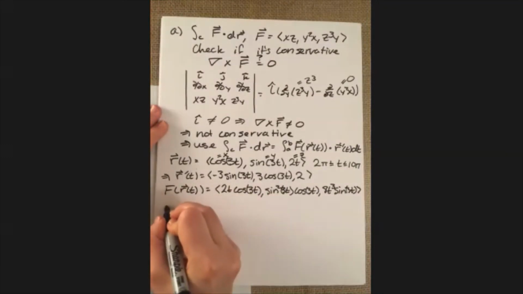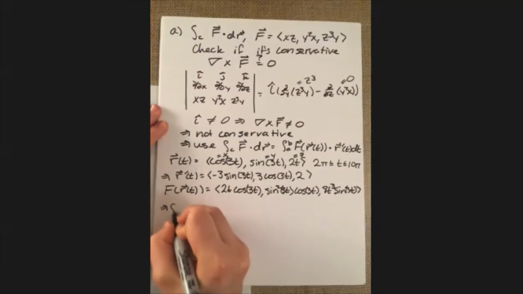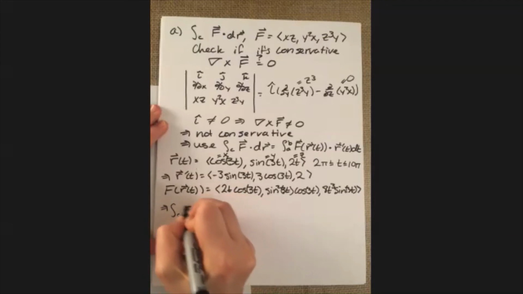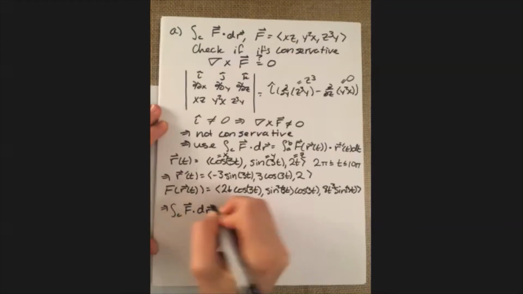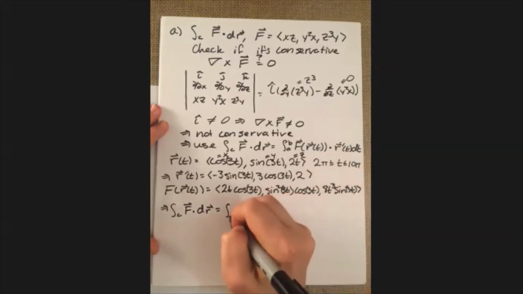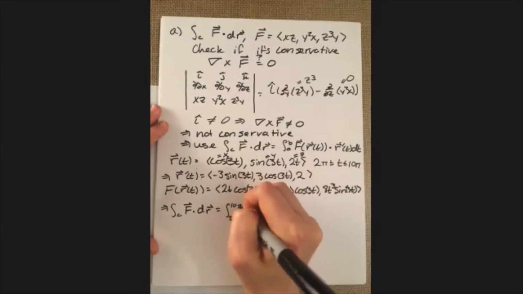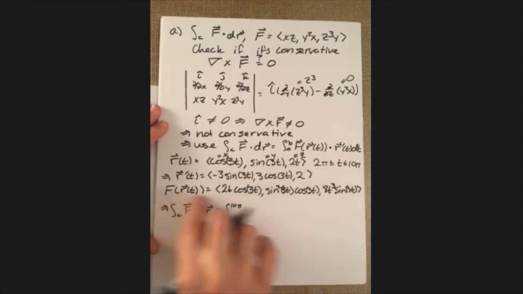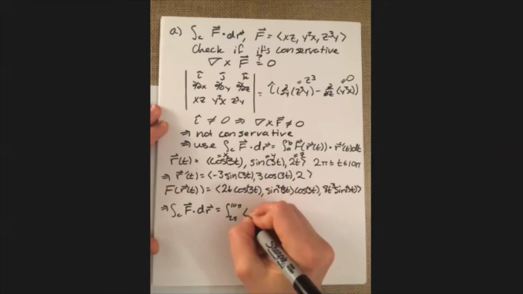So our integral over C of f dot dr is going to be equal to the integral from 2 pi to 10 pi of, well, this whole thing right here. I already know that this isn't going to fit too great.